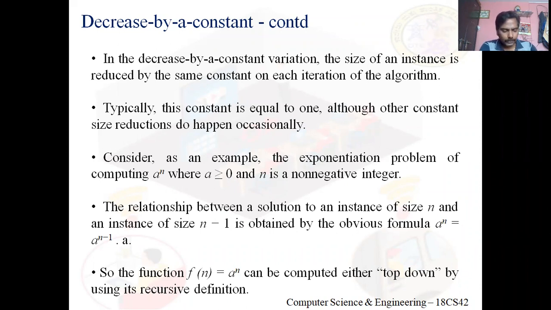Got it? Now, suppose for this algorithm, rather than giving inputs a and n, I have given a and n minus 1. So what will that algorithm compute now? A to the power n minus 1. So if I have a to the power n minus 1 and I multiply a to that, what am I going to get? A power n.